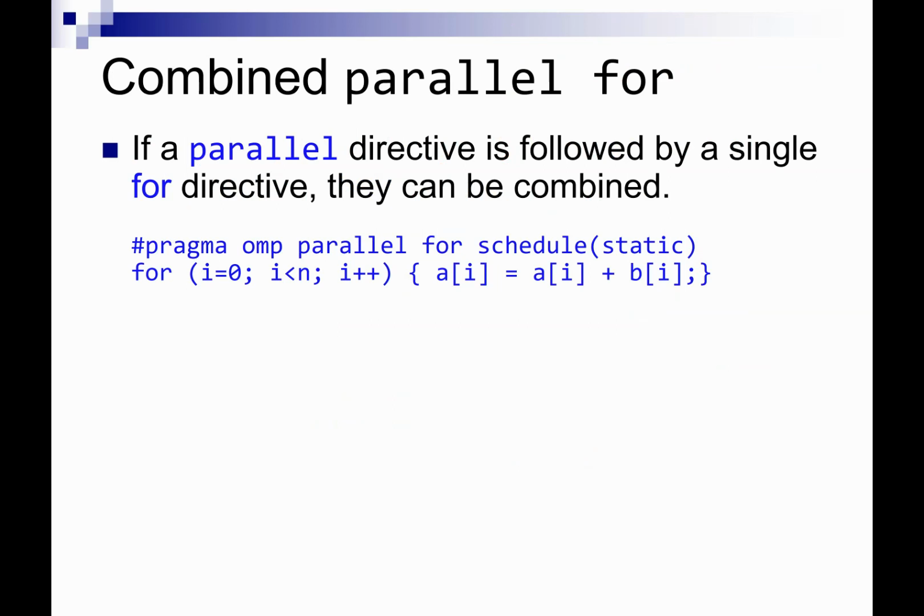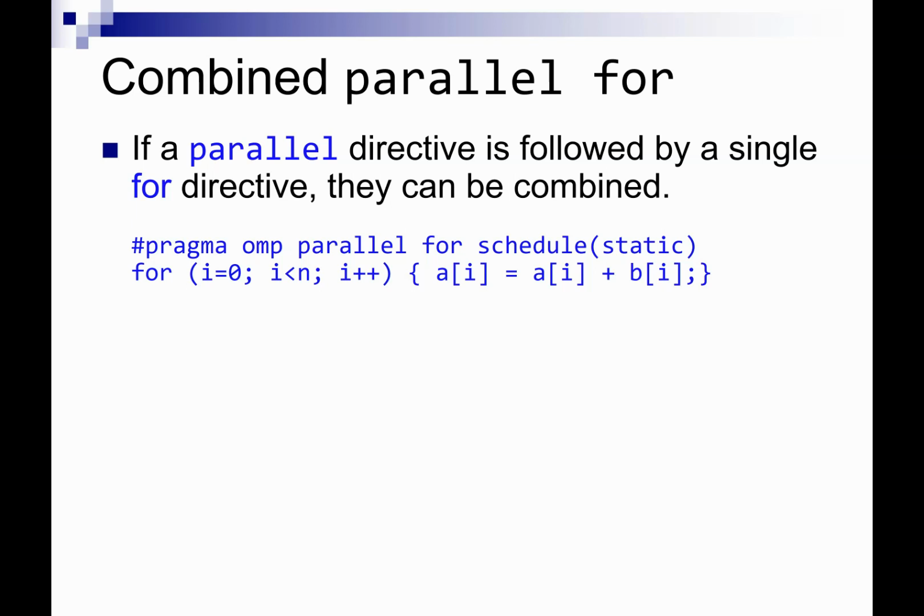In an OpenMP program, the most frequent thing that you parallelize is for loops, because usually that's where most of the work in a program is being done. So if you want to improve the performance, you want to parallelize these for loops.